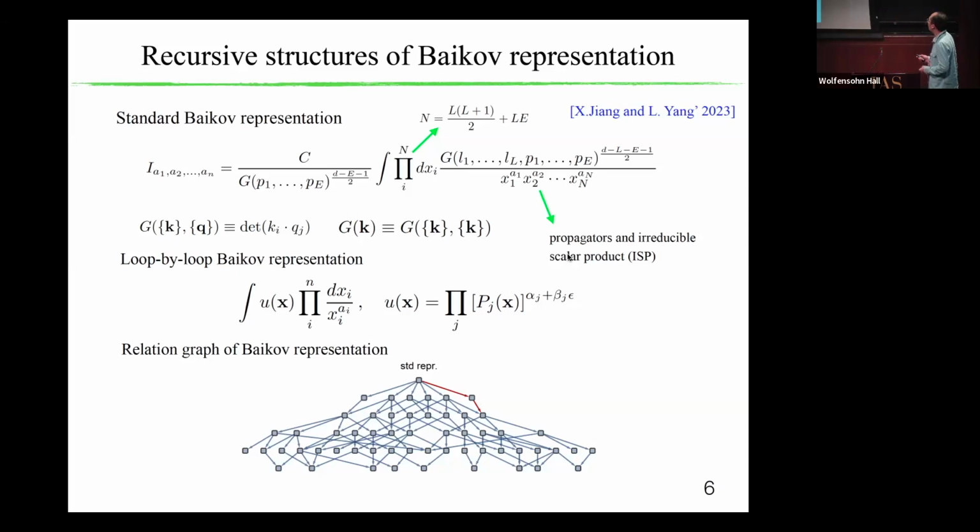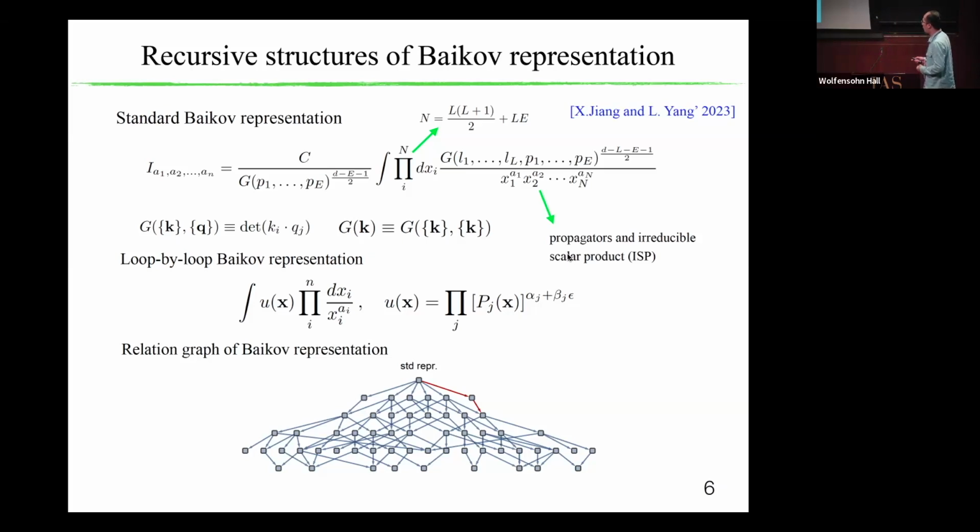So for each propagator and irreducible scalar product, we introduce a variable, and this Gram determinant comes from the Jacobian, and it is just a determinant of the scalar products of the external momenta and the loop momenta. But with this representation, for example for subsector integrals, usually we need to introduce many more unnecessary variables.